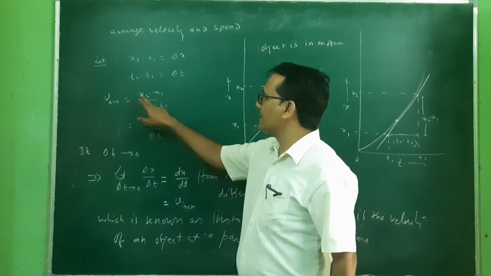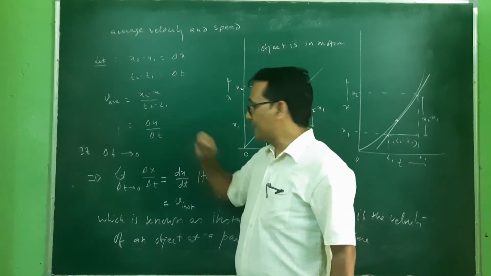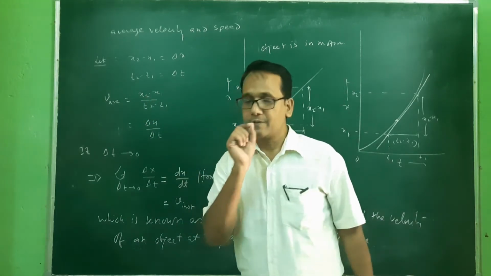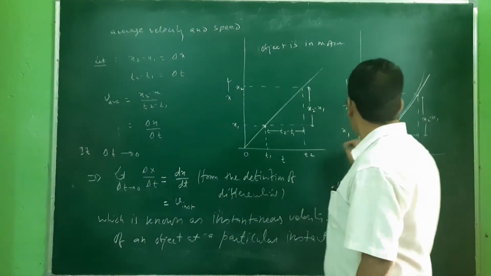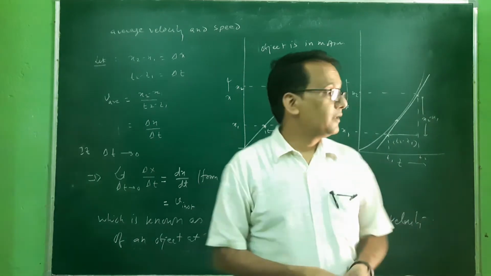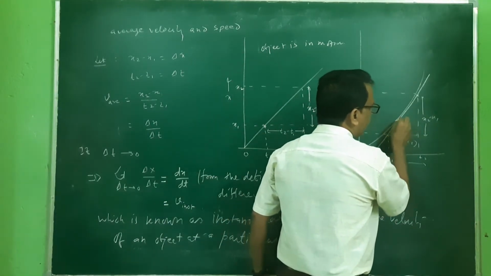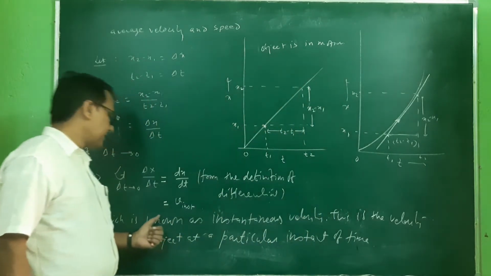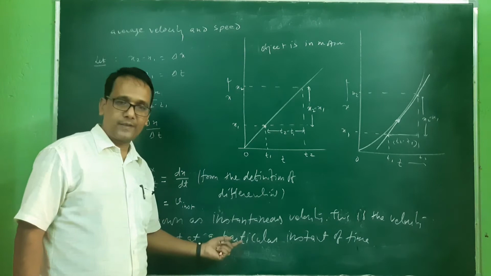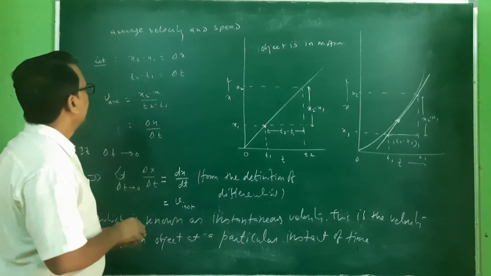Average velocity is just the change in displacement upon change in time, and then we take delta t tends to 0. When we take one specific time, for example, if we want to calculate the velocity at a particular time somewhere here, then that velocity is known as instantaneous velocity. So this instantaneous velocity is equal to dx by dt.